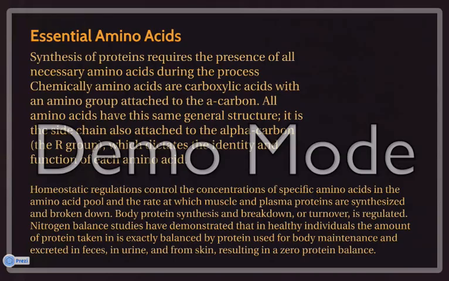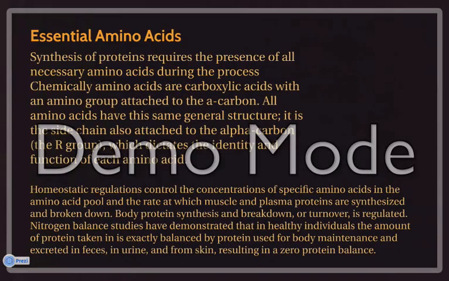Chemically, amino acids are carboxylic acids with an amino group attached to the alpha carbon. All amino acids have this same general structure. It is the side chain also attached to the alpha carbon, the R group, which dictates the identity and function of each amino acid.